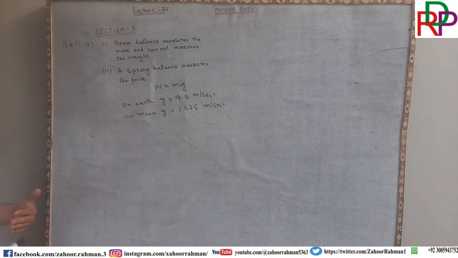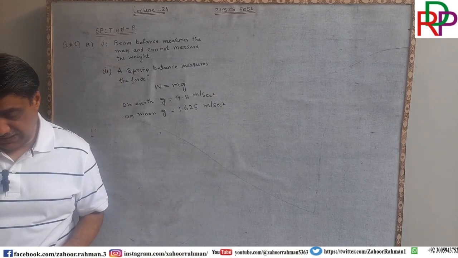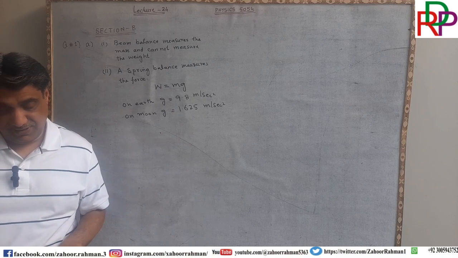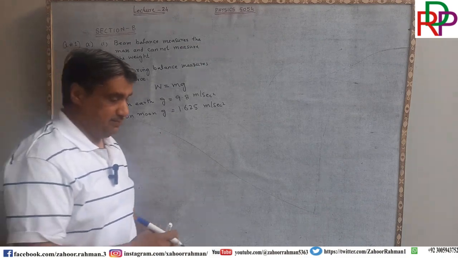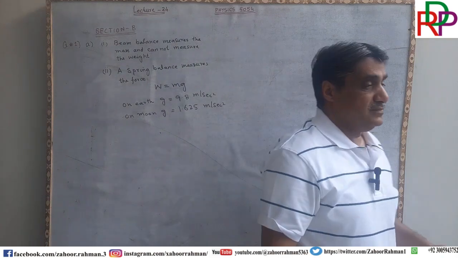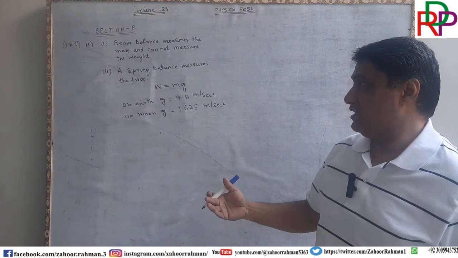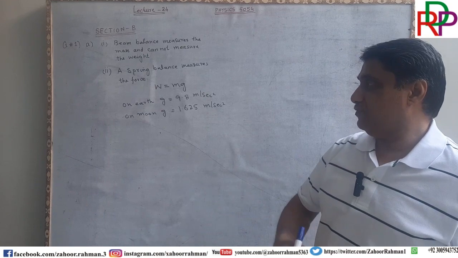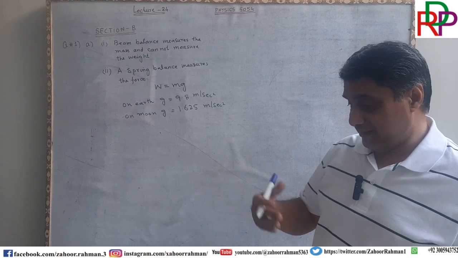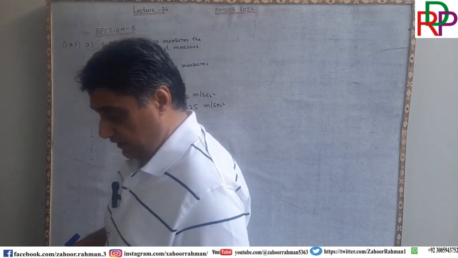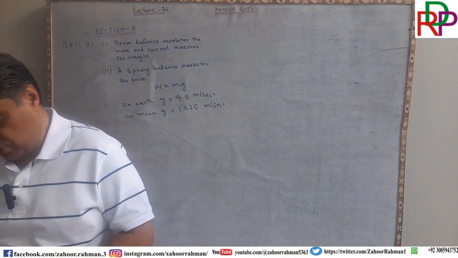Different. So the weight will be different for the same rock. Mass will remain the same, but the spring balance will give you different values. On the earth one value, and on the moon another value.